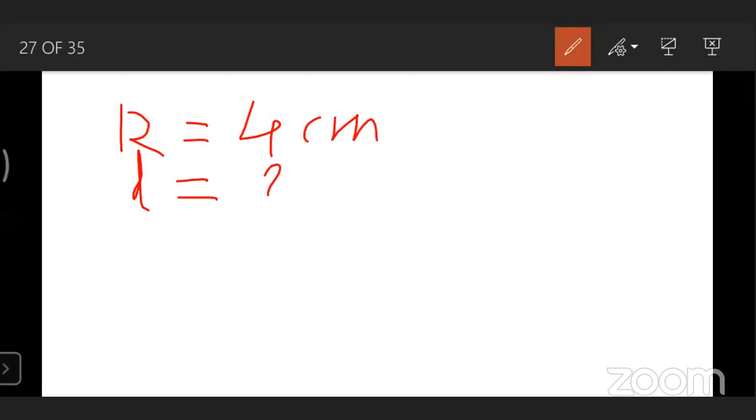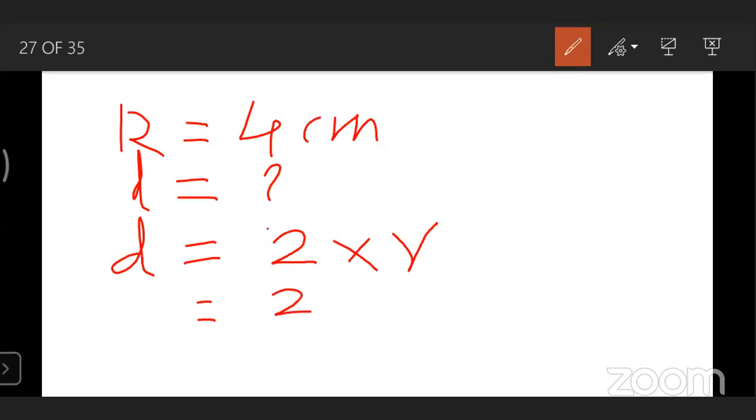So we learned the formula: diameter is equal to 2 multiplied by radius. What is the radius? 4 centimeter. So I will write down here 4. So 2 multiplied by 4.